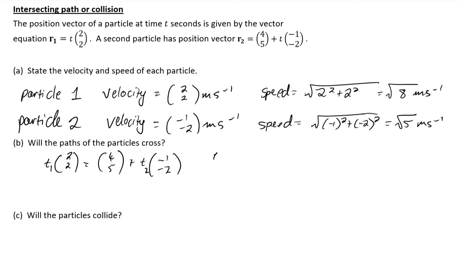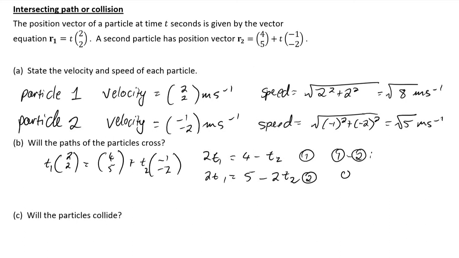So, if we extract the equations, we can solve these simultaneously and determine whether or not these vector equations intersect. So, by doing equation 1 minus equation 2, we get 0 equal to -1 plus t2.